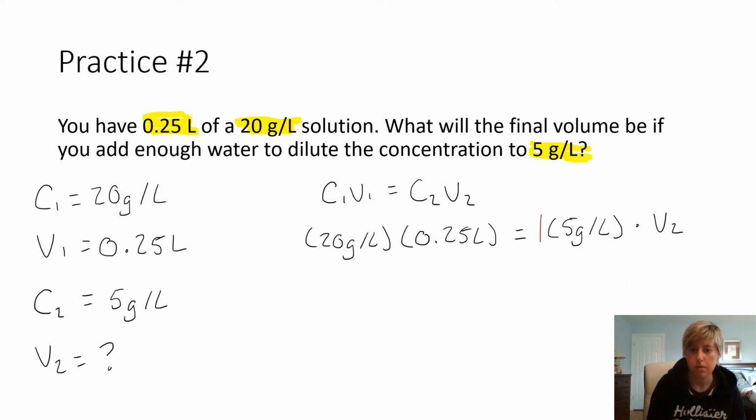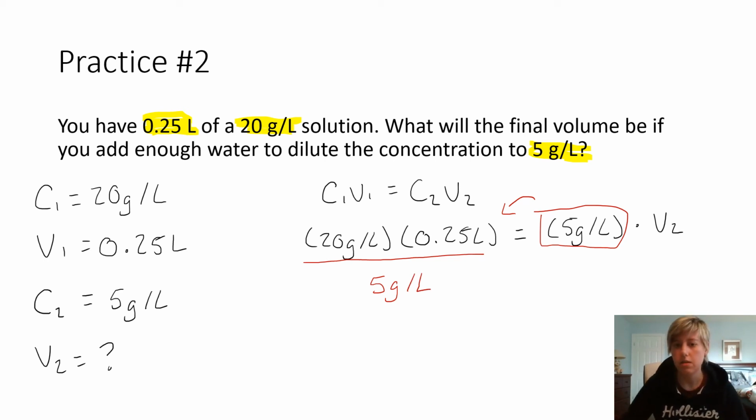So bring this over, and if I bring this over, this turns into a division. So to find V2, I need to do 20 grams per liter times 0.25 liters divided by 5 grams per liter, and I get V2 equal to 1 liter.